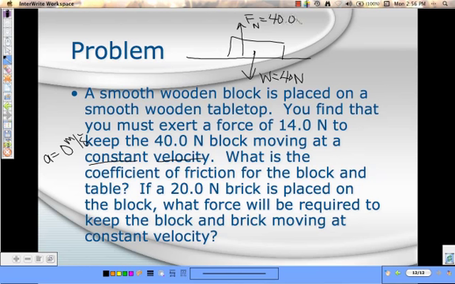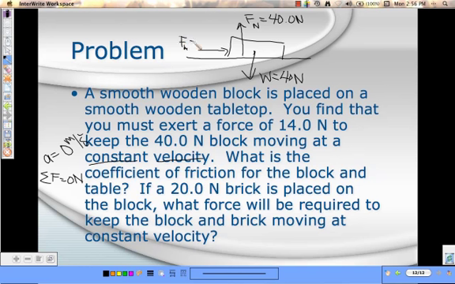So it is also 40 newtons. Now, since our acceleration is 0, do we have a net force? No, our net force is also equal to 0. That means that our applied force and our frictional force have to be equal to each other. They're equal and opposite, since there is no net force.